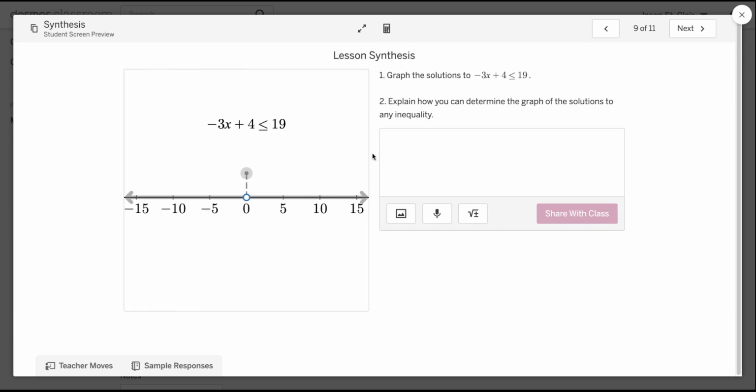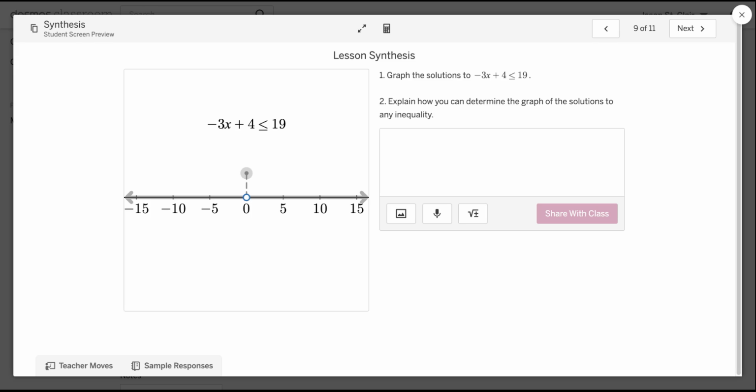So let's go to our synthesis here. We're going to graph this and explain how we can determine the graph of the solutions up to any inequality. So to graph the solutions we need to solve, we know it's negative 3x plus 4 is less than or equal to 19. I'm going to subtract 4 from both sides. Negative 3x is less than or equal to 15.